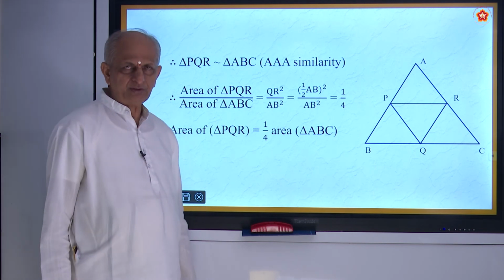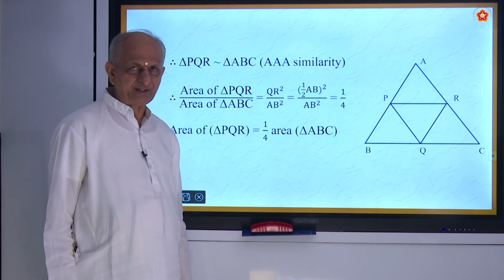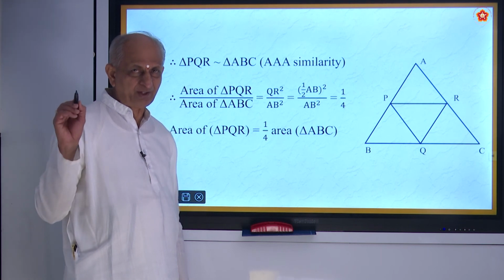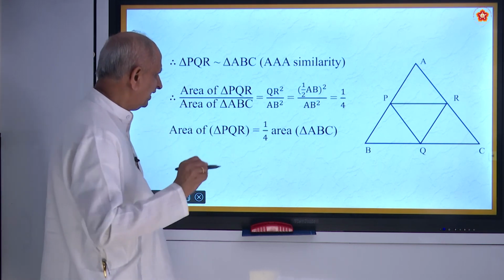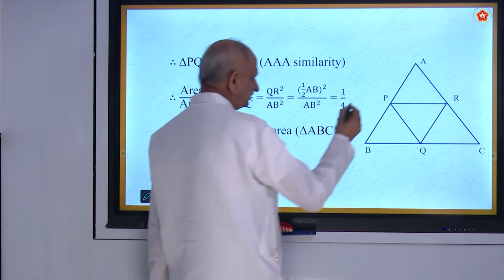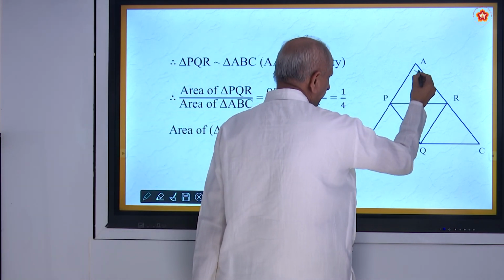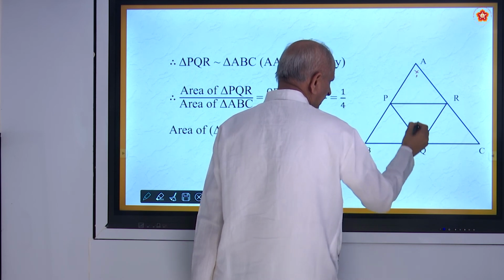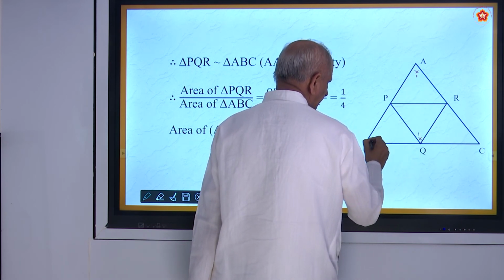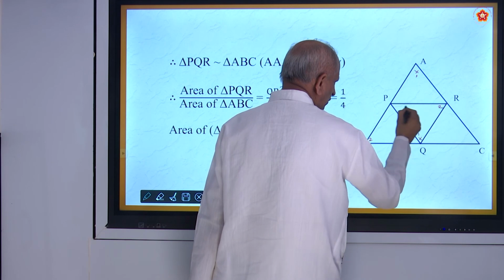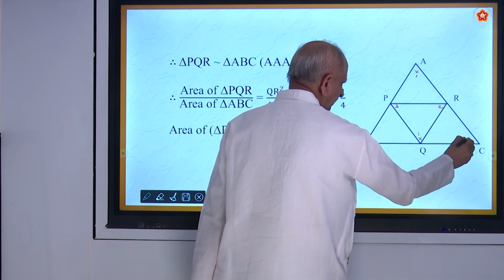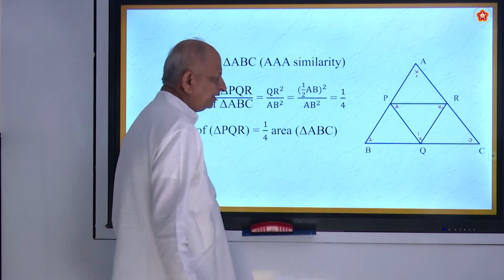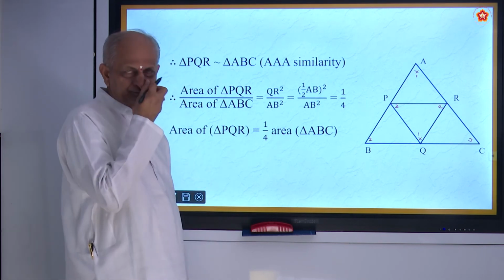And when the three angles of one triangle are equal to the corresponding angles of the second triangle, we call it similar triangles. So, this is angle number 1, angle number 2, angle number 3. They are called AAA similarity.